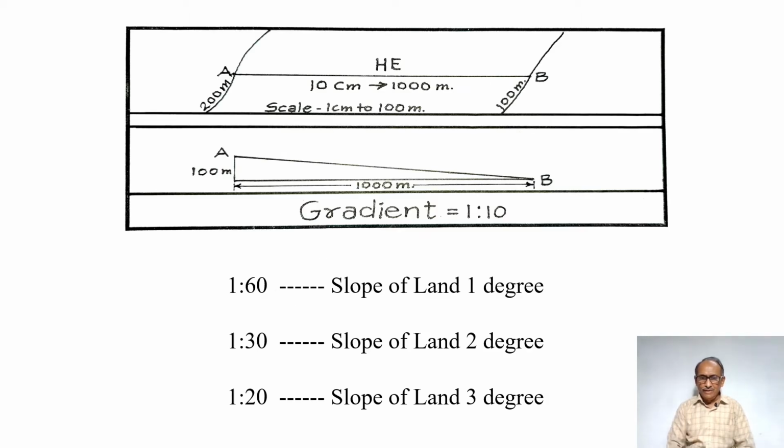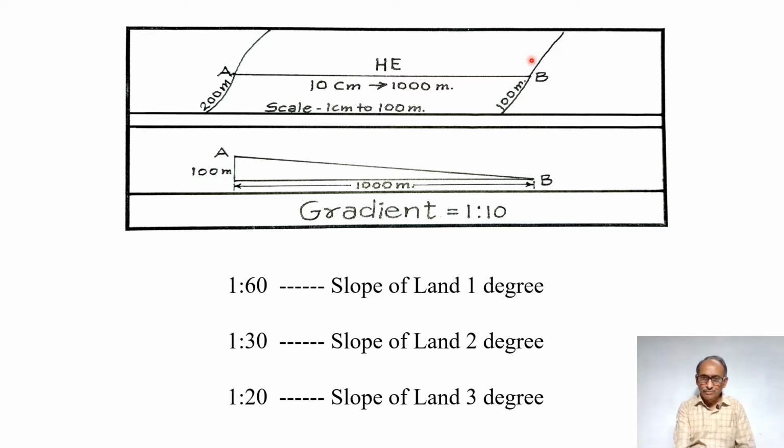So in this slide you will find that points A and B are marked here. The height of point B is 100 meters while the height of point A is 200 meters, because point A is on the contour line of 200 meters and point B is on the contour line of 100 meters.